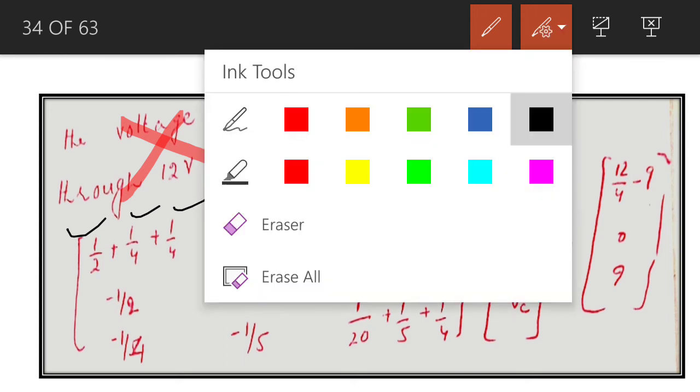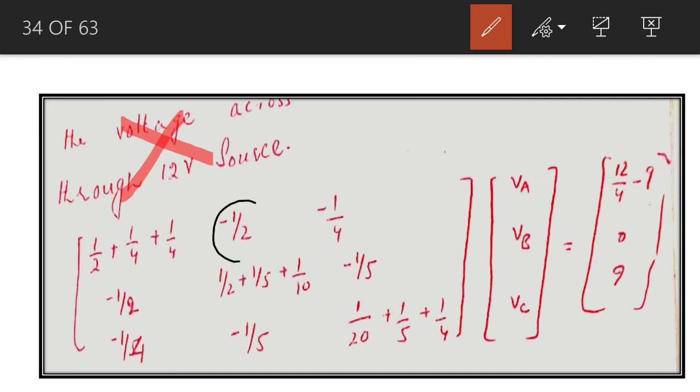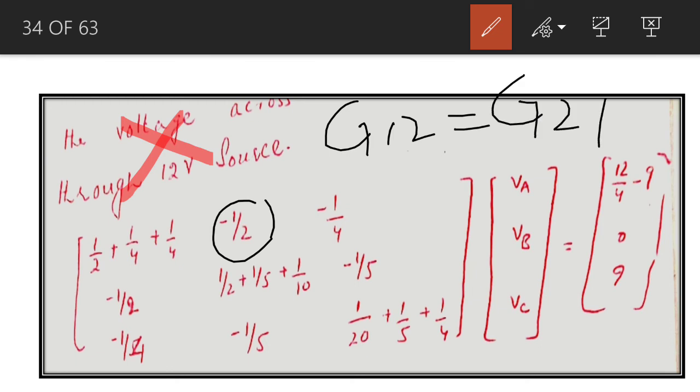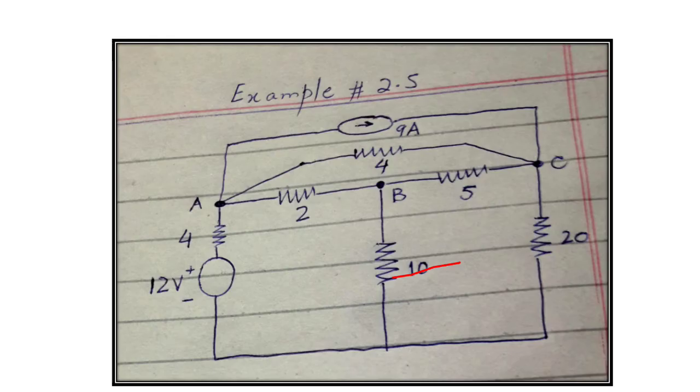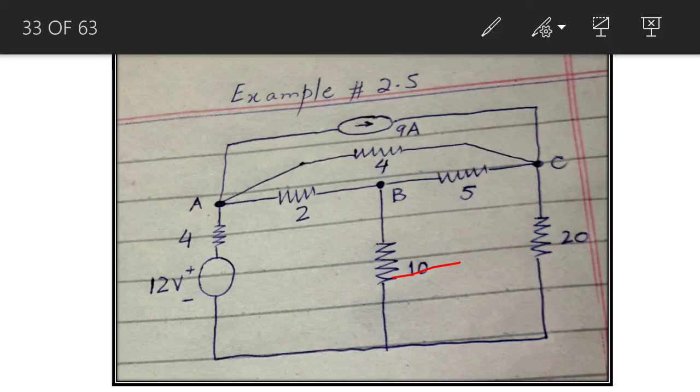Now for G12, we know that G12 is always equal to G21. We consider the resistor which has been connected to the first as well as the second node. If you look at the circuit diagram, here is the first node and here is the second node, and this resistor has been connected to the first as well as the second node.